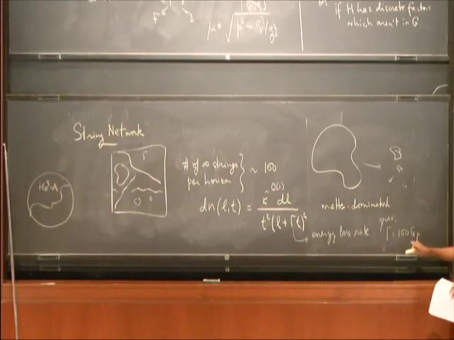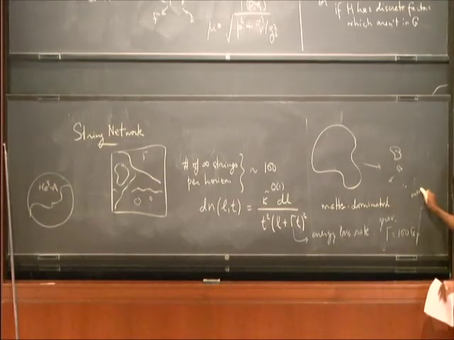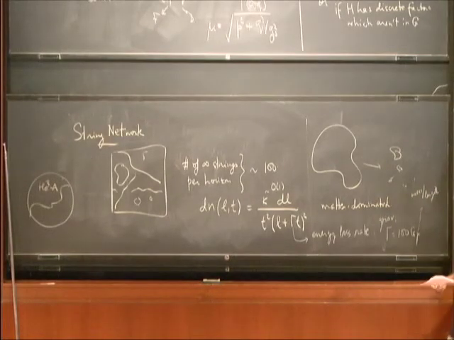Mu is the tension, right? Mu is the mass per unit length. So at least once you have this caricature of a model, you can work out predictions for what the observational signatures would be.